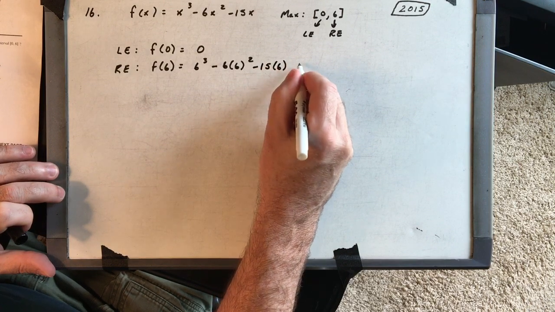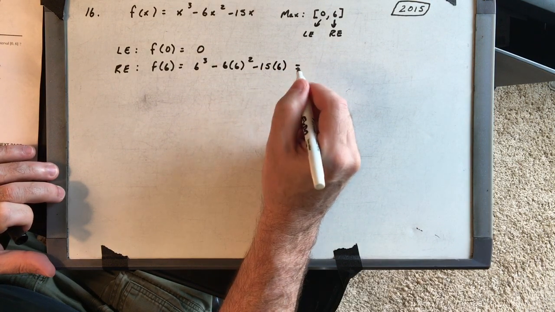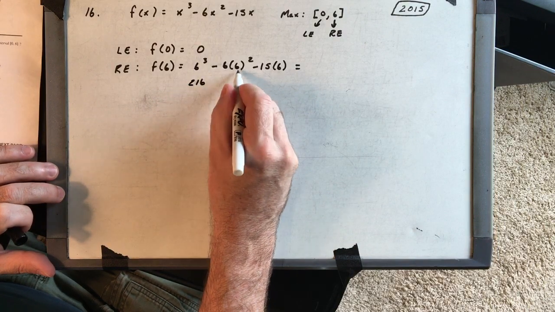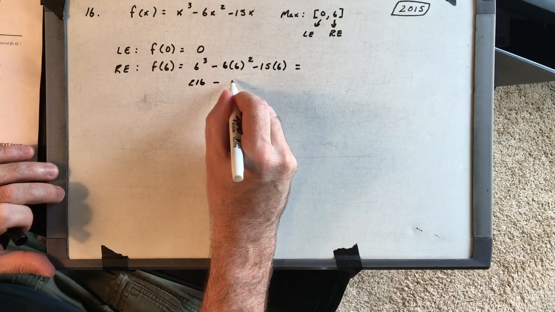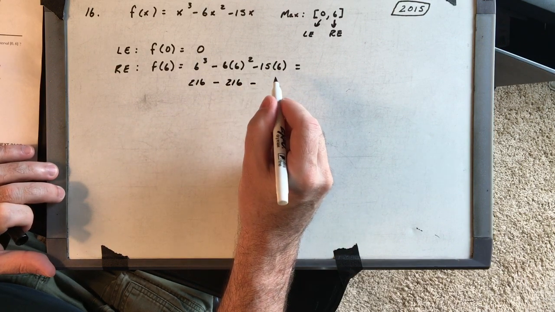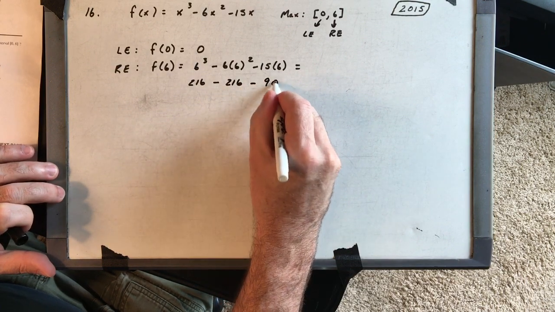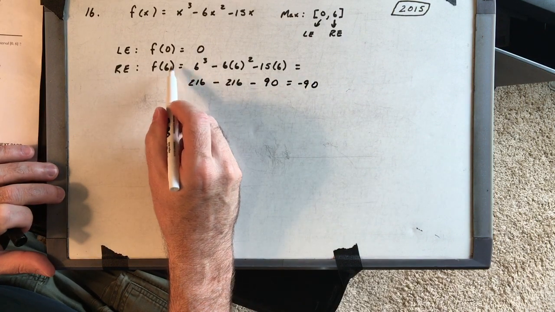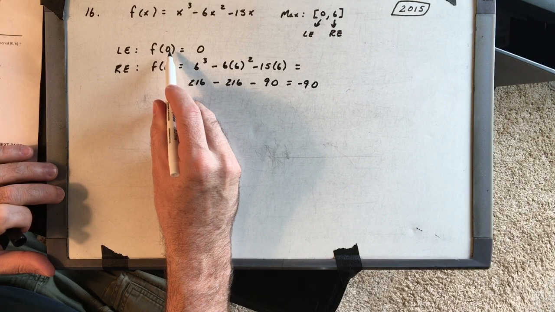I'm not too excited about doing that in my head. 6 cubed is 216, and 6 times 6 squared is also 216. And then 15 times 6 is 90, so that's negative 90. So we know it's not 6. It could be 0.